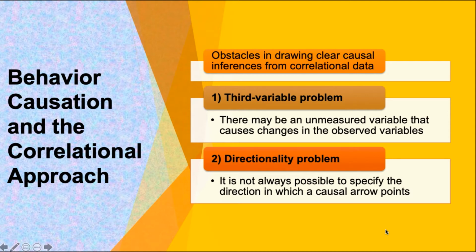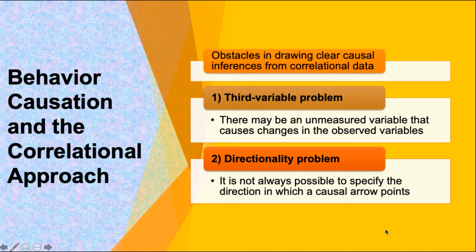The possibility that a correlational relationship may result from the action of an unobserved third variable is called the third variable problem. This variable may influence both of the observed variables, for example playing violent video games and bullying, causing them to vary together even though no direct relationship exists between them.